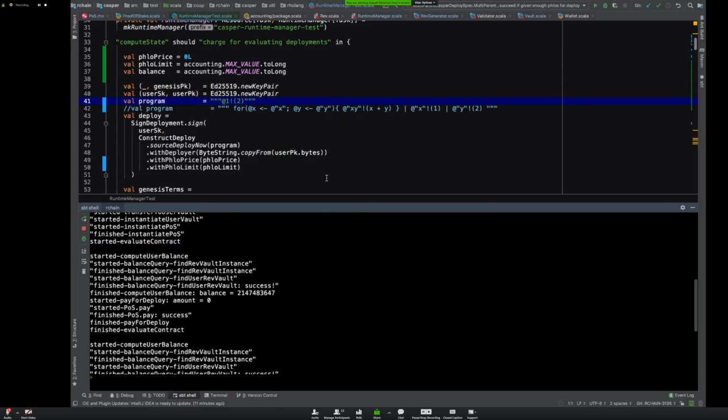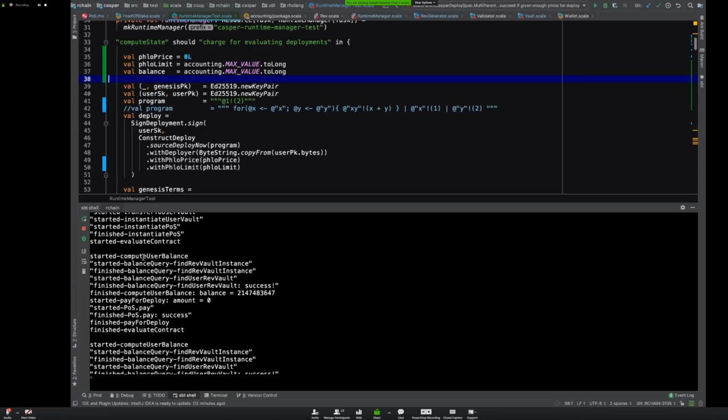During evaluation, we'll notice the first thing that happens is that we compute the user's balance. The reason we do this is because of rate limiting's intention, which is to prevent against resource attacks. So the first thing that we do is check the user's balance.